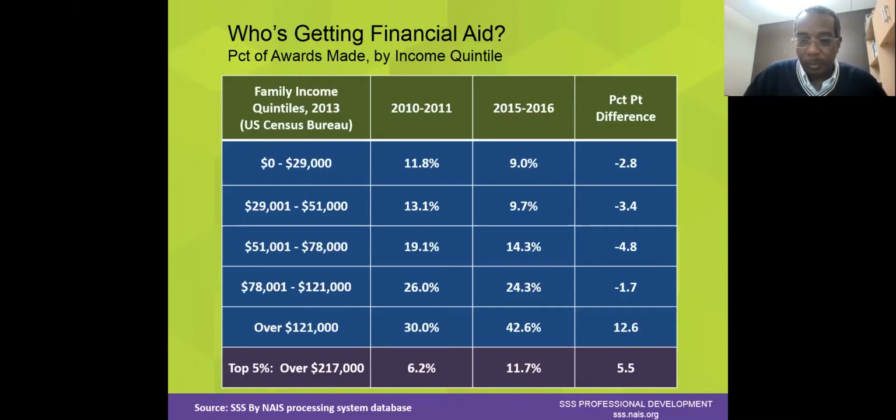And 11.7% of awards went to families earning over $217,000. So this slide shows that in our recipient pools, and nationally at large, the lower income families, especially starting around $51,000 and below, are really underrepresented in the recipient pool, and the highest income brackets are overrepresented.